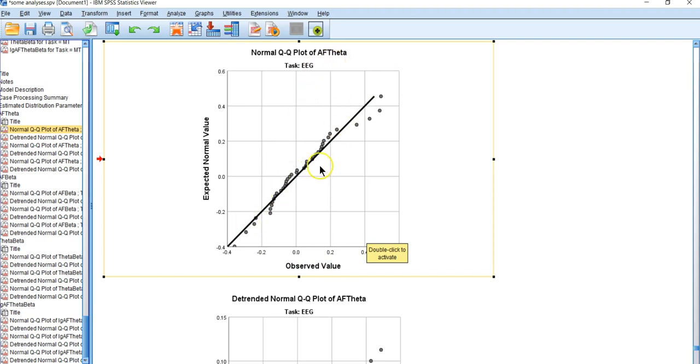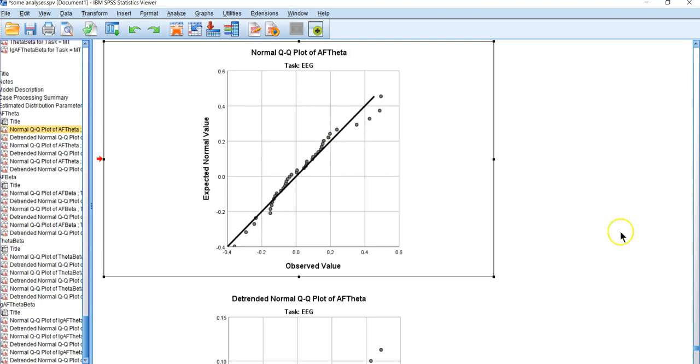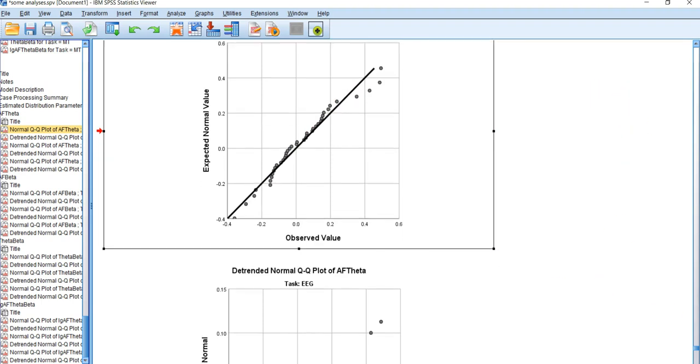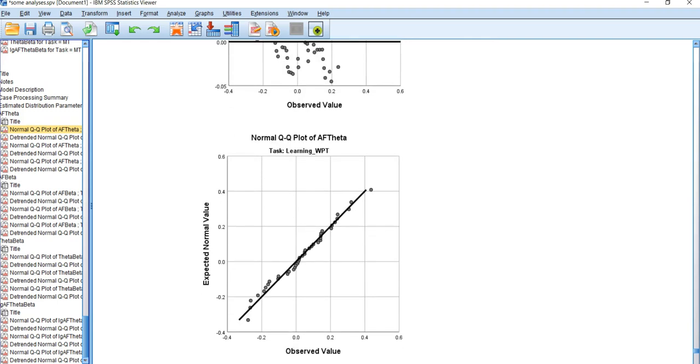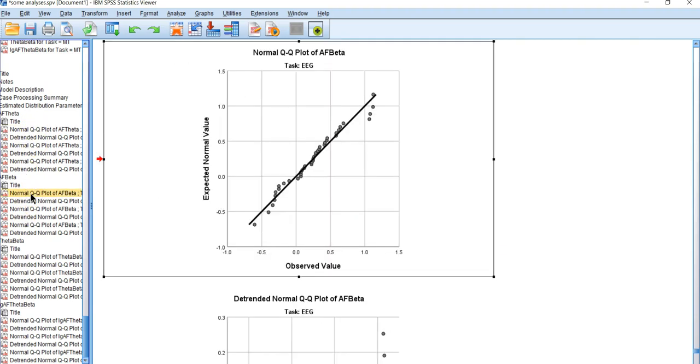And we can see for theta, not too bad. We come down here to the next one. So this was theta for the EEG. This is beta.